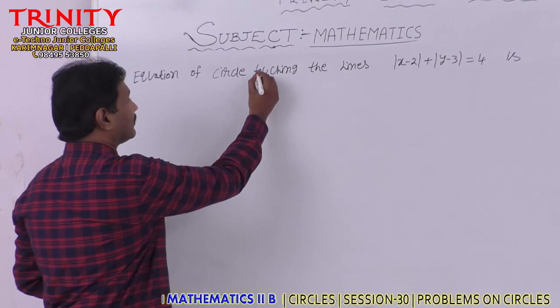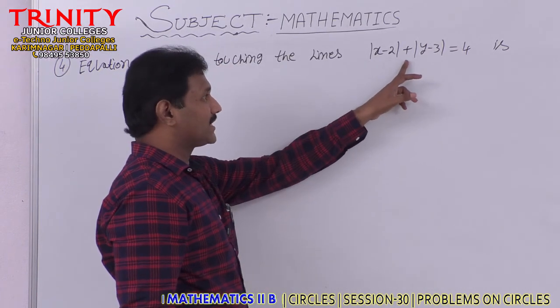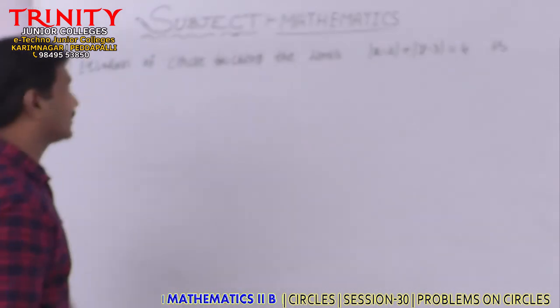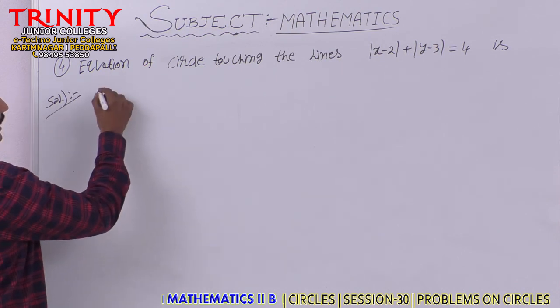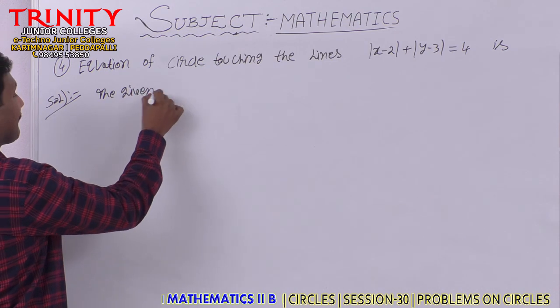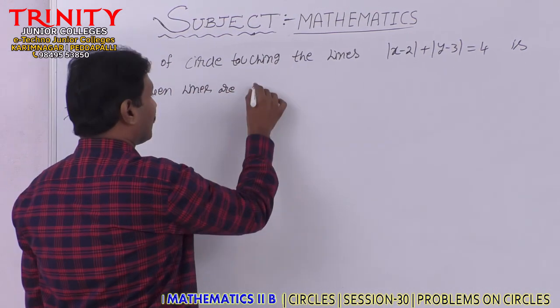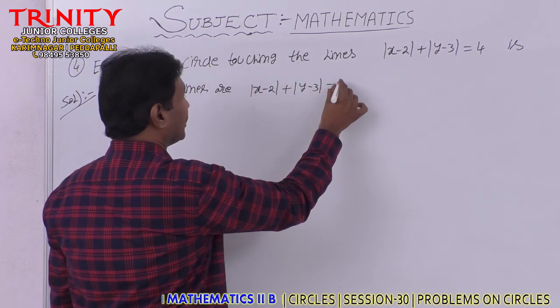Equation of the circle touching the lines given by modulus of x minus 2 plus modulus of y minus 3 equal to 4. These are four lines. The given lines are modulus of x minus 2 plus modulus of y minus 3 equal to 4.